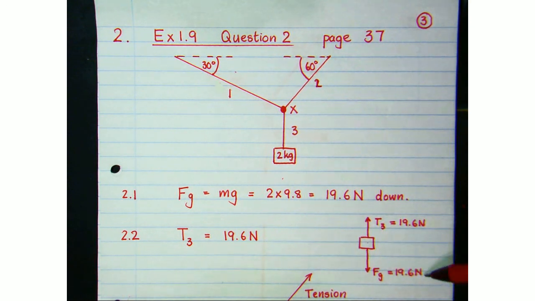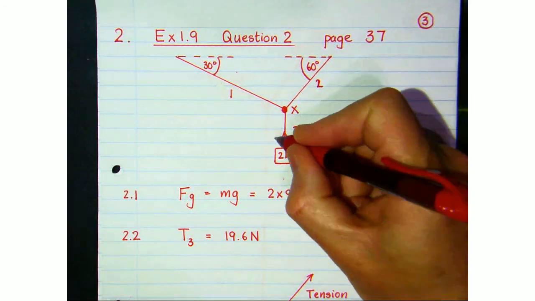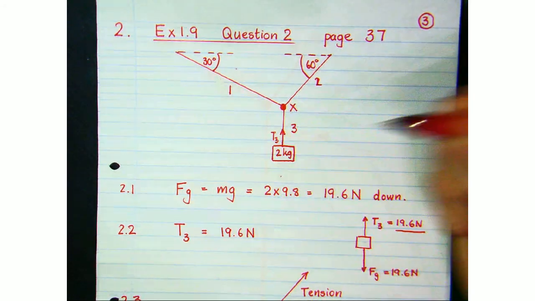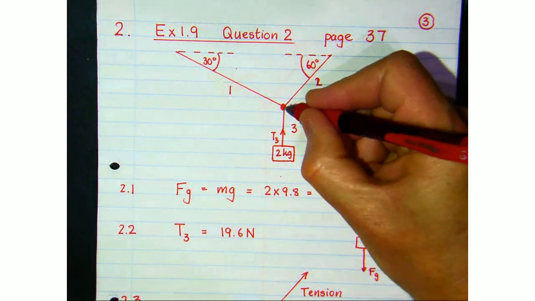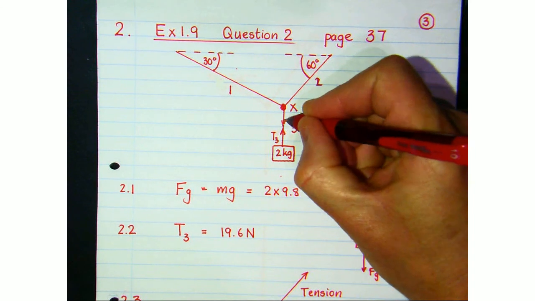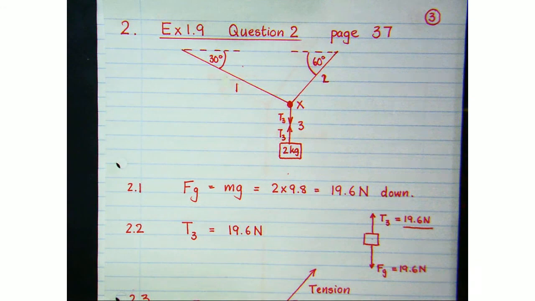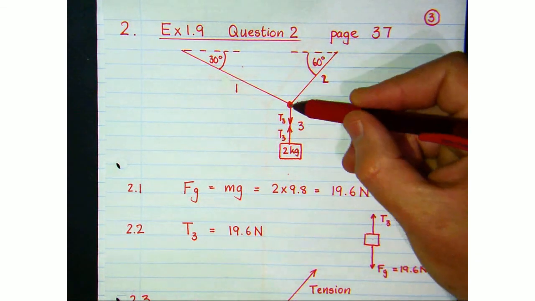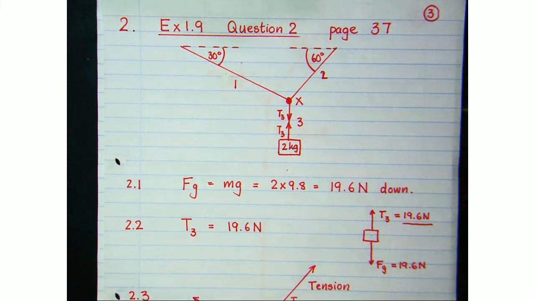So the net force is 0, and therefore T3 is 19.6 newtons acting up there. But the tension in the string is the same throughout, so it acts away from point X. So T3 acts downwards from point X, but it acts upwards on the 2 kg. So we found T3 to be 19.6 newtons.